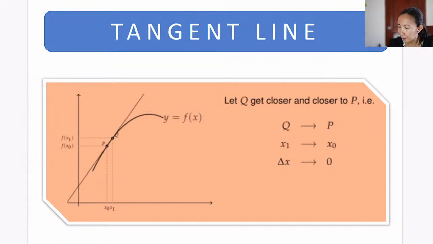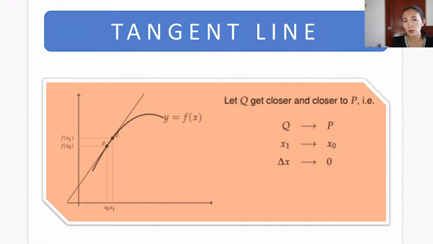Pareho pala. Ayun. So, looking at the graph now. Si Q, di ba, nandito siya dati? What happens if we draw it so that it is very, very close to point P? Ayun, what happens to the distance between the two? It approaches 0. I hope you can get the point because from here, we shall derive a formula that gives the slope of the tangent line because that is our goal.